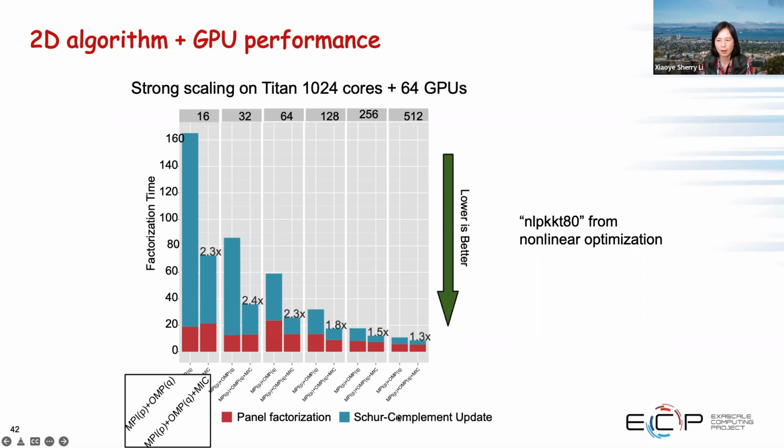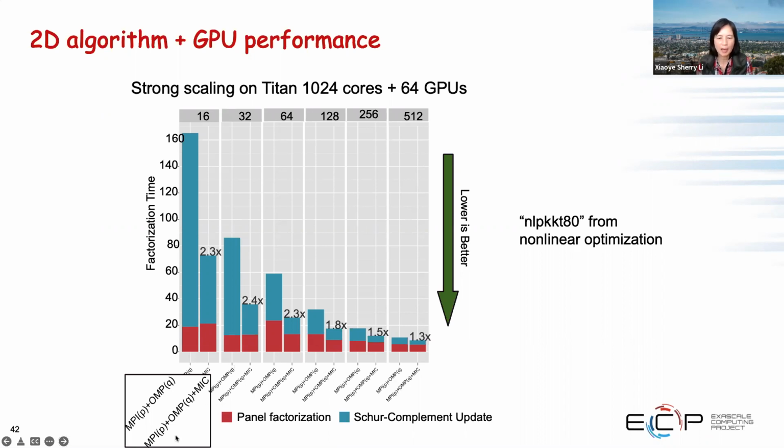The GEMM is in the Schur complement update, which is accelerated by GPU, and lower is better. This is with different OpenMP, MPI, and a mixture of different optimizations, I think.